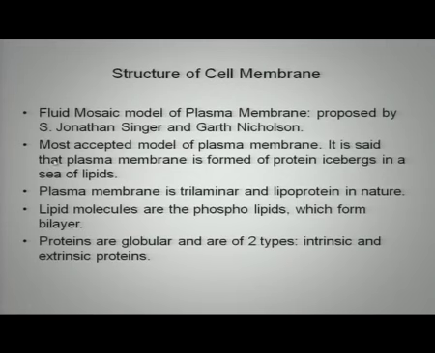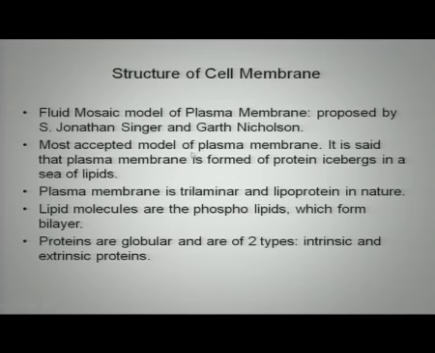Now coming to the structure of the cell membrane. The cell membrane, or plasma membrane, or plasmalemma: the well accepted model is the fluid mosaic model of the plasma membrane, suggested by S. Jonathan Singer and Garth Nicolson. It is the most accepted model of the plasma membrane.